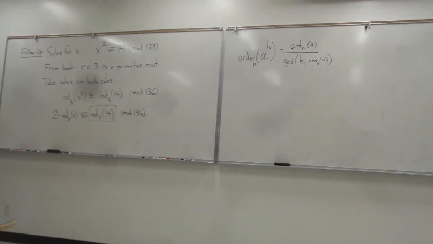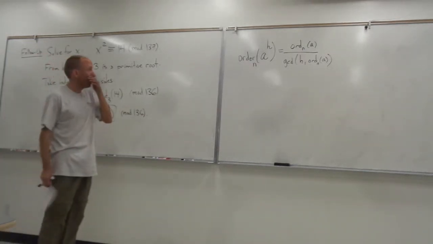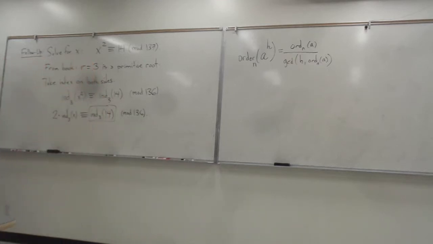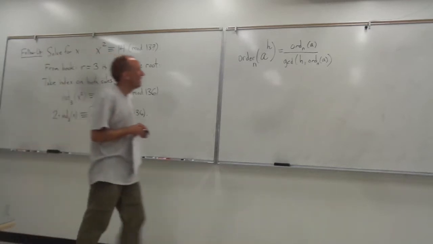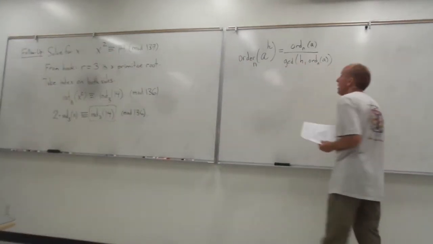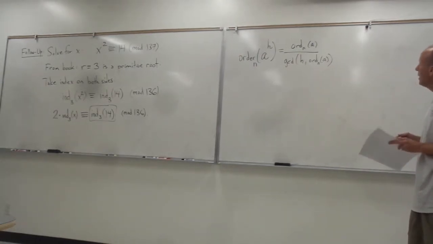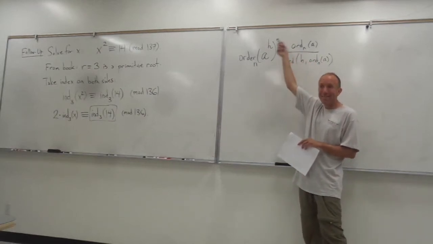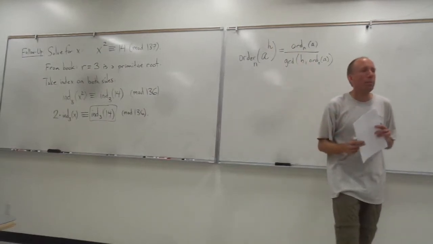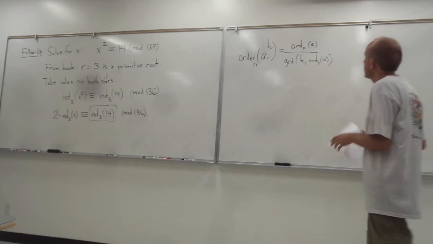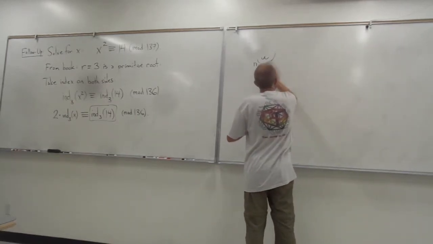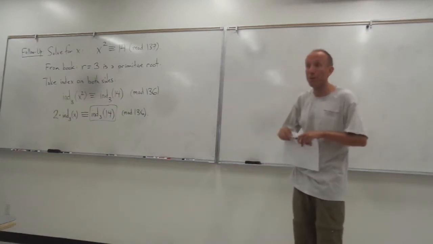Our modulus here would be 136. If we knew what the order of 14 was, would that help us? Yeah, I don't know for sure that this is the right approach. I wanted to write it down just because this is an important theorem to know, but I'm not sure that it is really getting to the heart of what we need here. Let's calculate some powers of 3, just see what happens, okay?